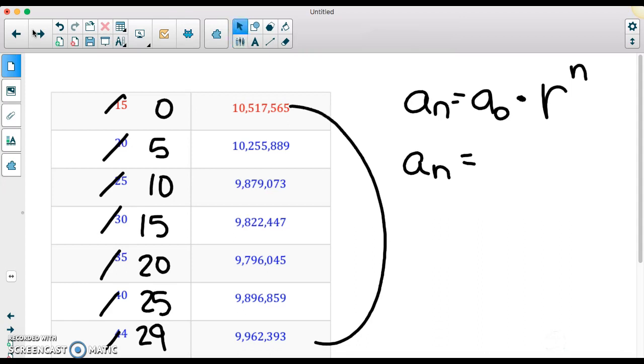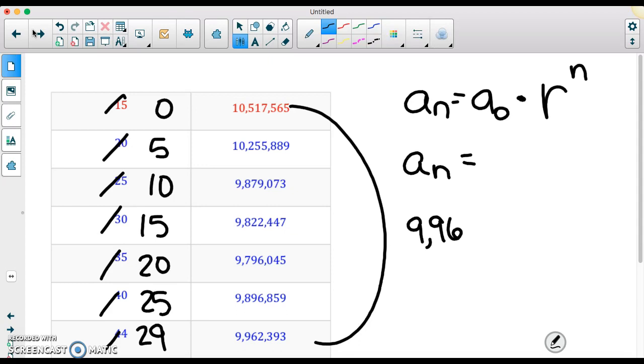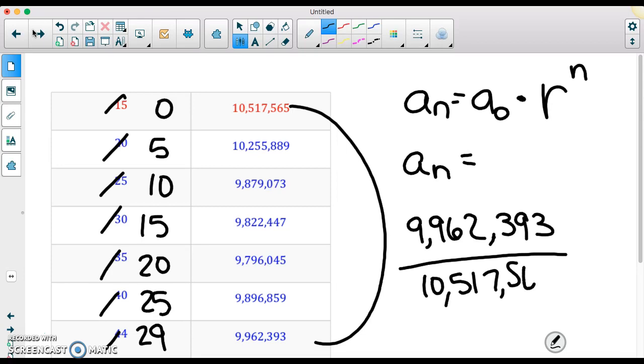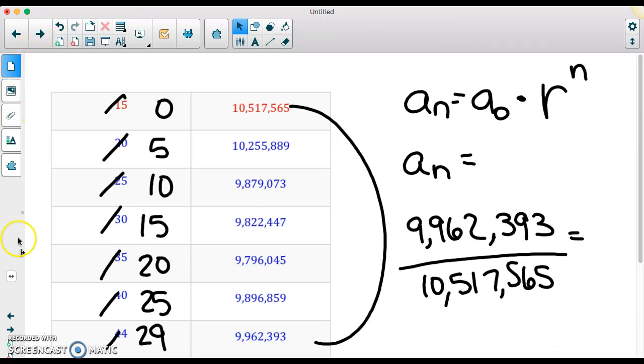Those are going to be kind of big numbers, but you're going to take your last number and divide it by your first number, because I want to represent all my data. So we're going to take whatever that is, and then we are going to root it.